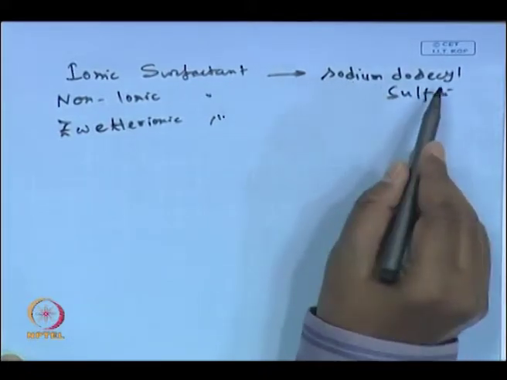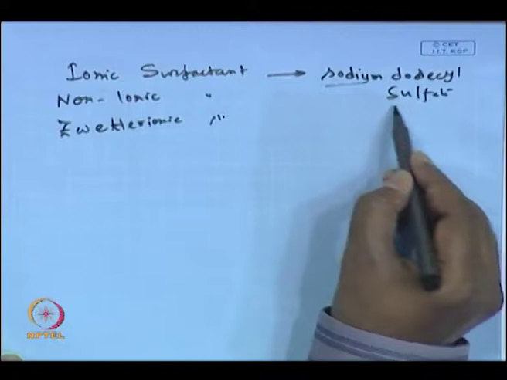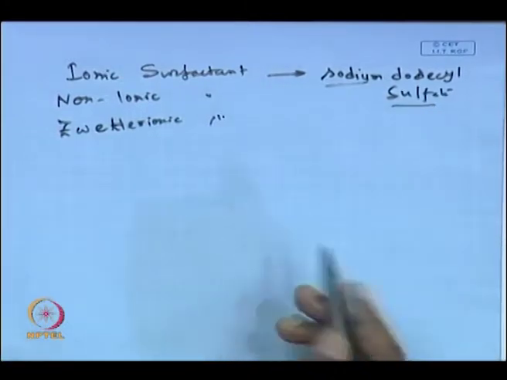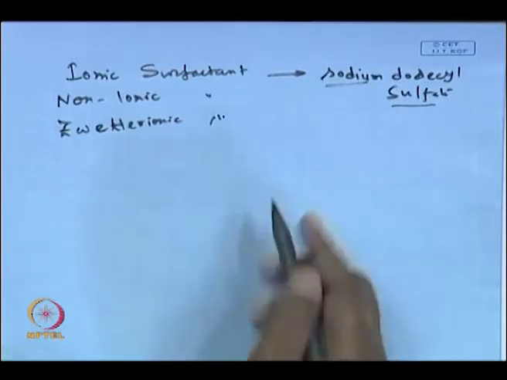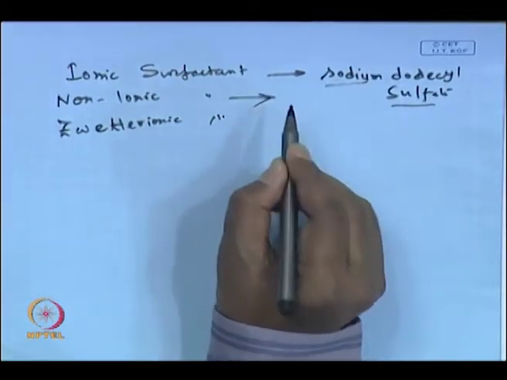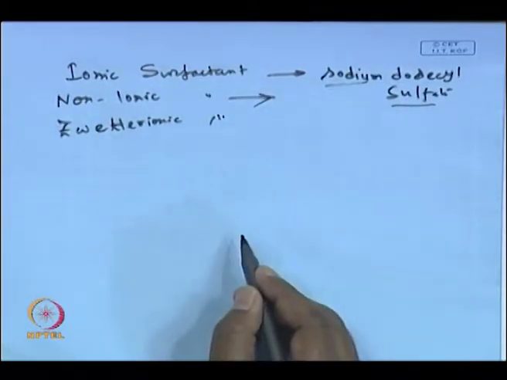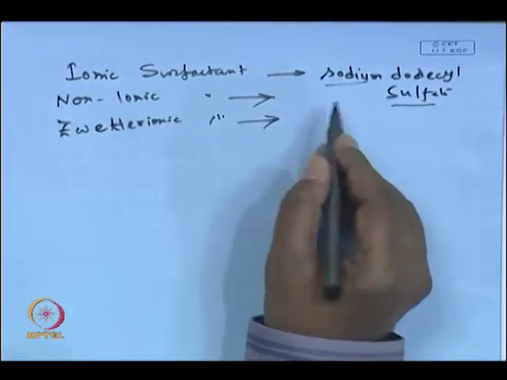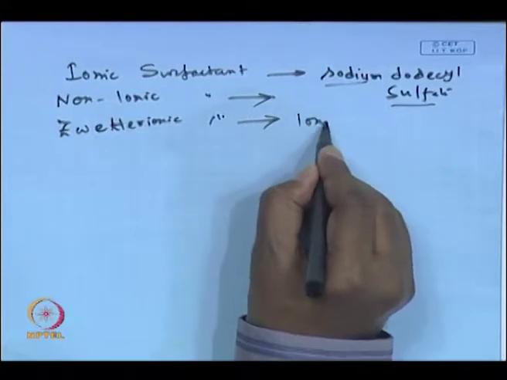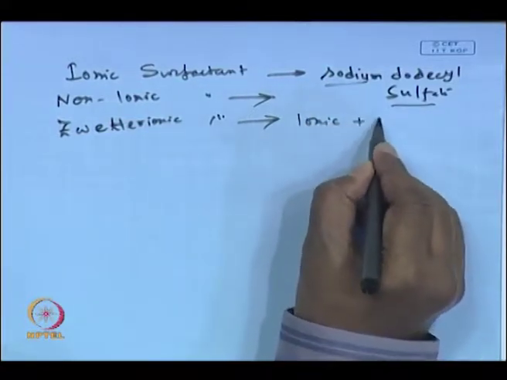This sodium dodecyl sulphate has Na plus and SO4 minus in its structure. So, therefore, this imparts an ionic characteristic. You can have non-ionic surfactants like polyether oxygen. You can have the zwitterionic surfactants, which have both ionic and non-ionic characteristics.